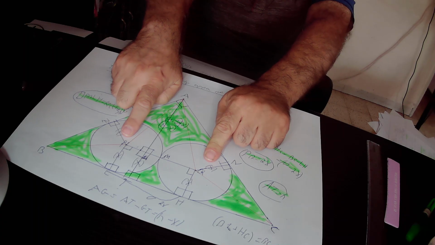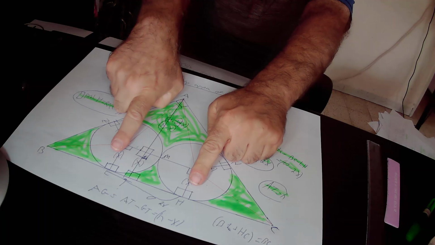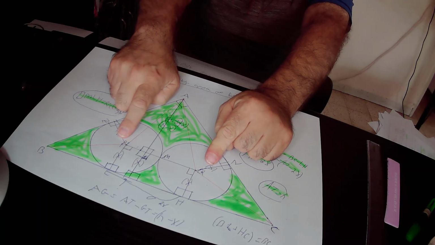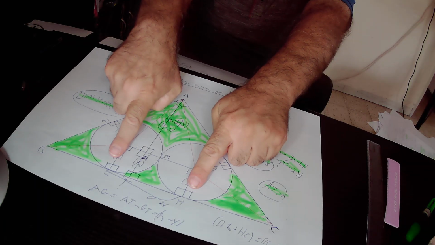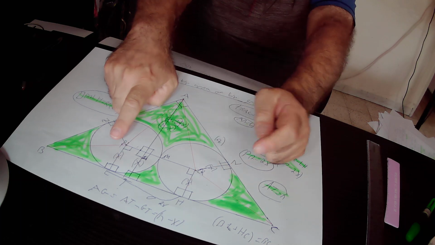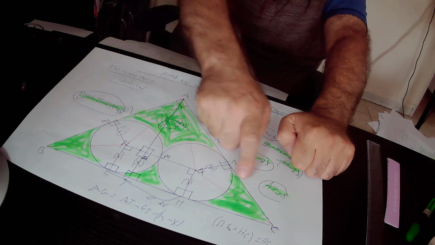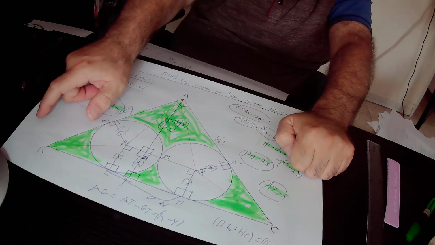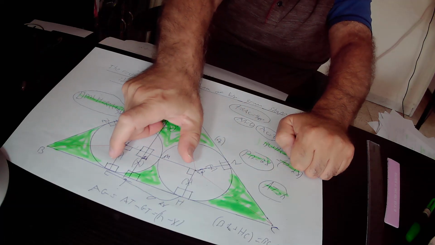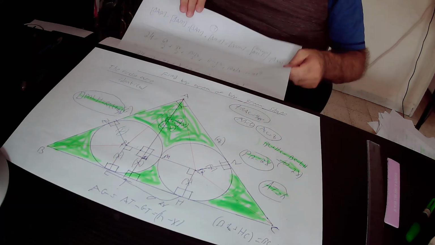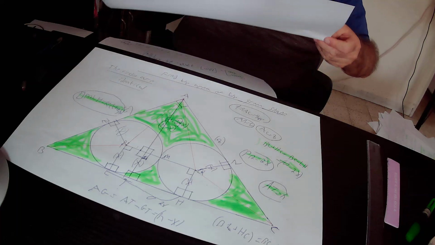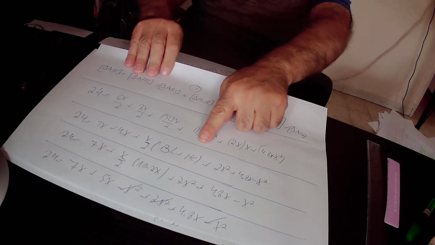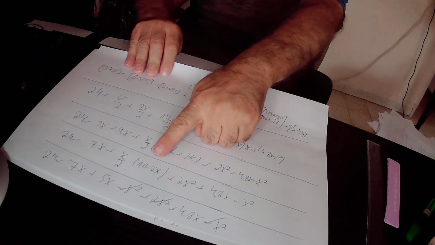The opposite sides of a rectangle are equal to each other, so PQ equals LH. PQ is 2x, and therefore LH also equals 2x. So in total, BL plus HC equals 10 minus 2x.